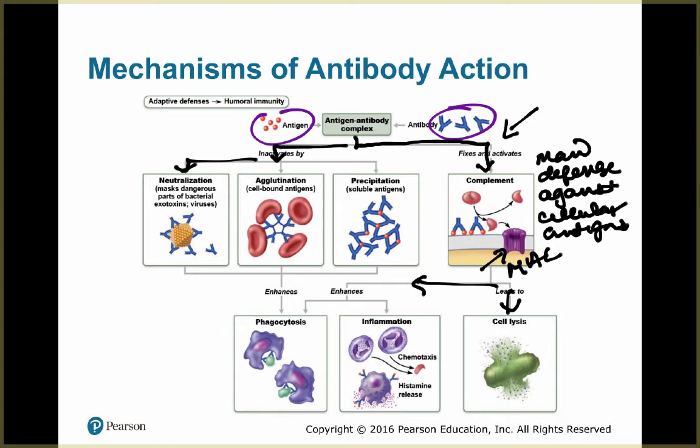Basically the antibodies block specific sites on the viruses or the bacterial exotoxins and prevent the antigens from binding to receptors on tissue cells. And so that means they're not going to be able to get into those cells.